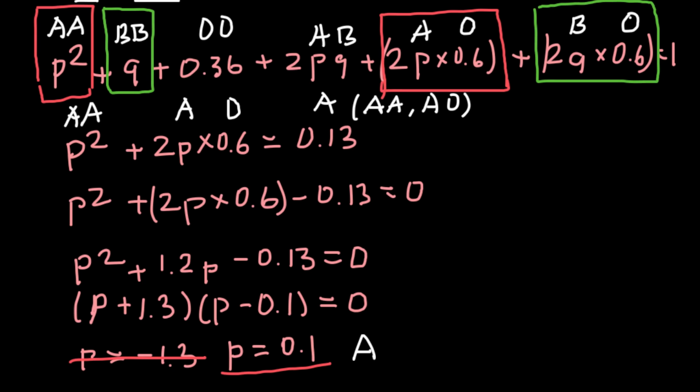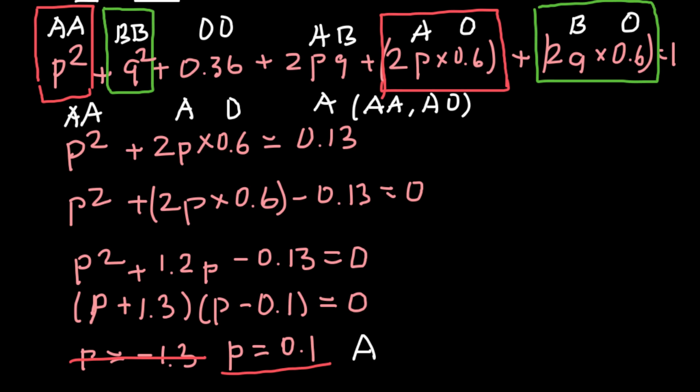So once again, we are going to do the same thing in order to find the frequency of the allele B. Basically, the same thing that we have done here. I don't know if I would have enough space on the right, but I will try. So we have here Q squared.